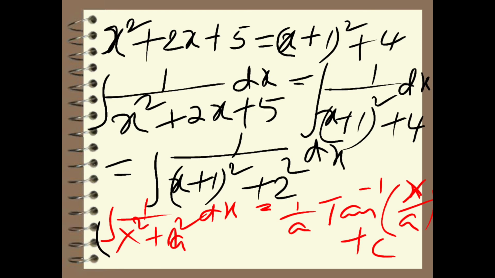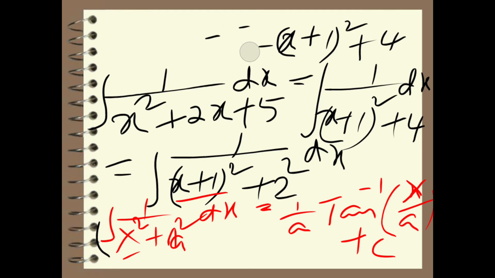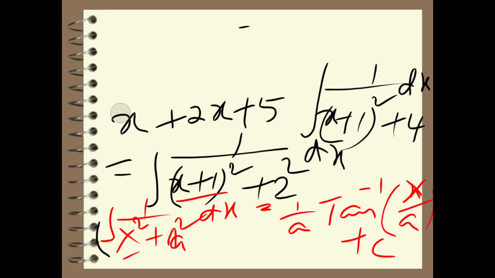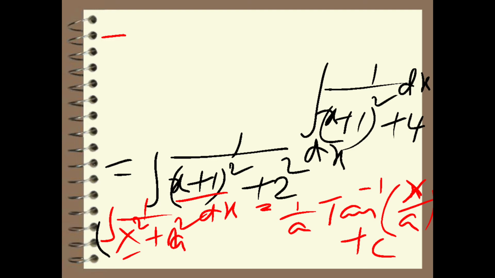So if we assume, in the place of x, here x plus 1 is there. So our answer is 1 by a. What is in the place of a? 2.